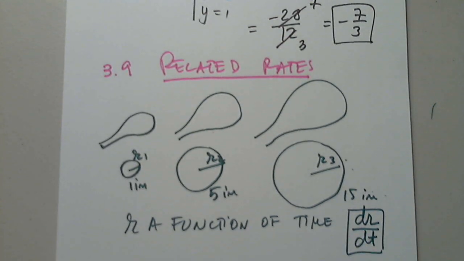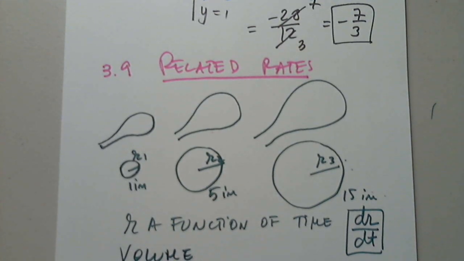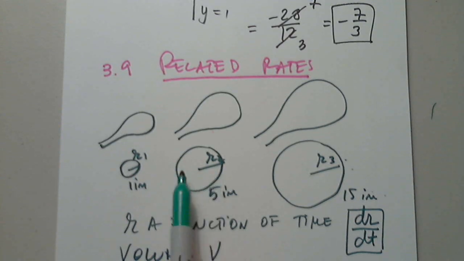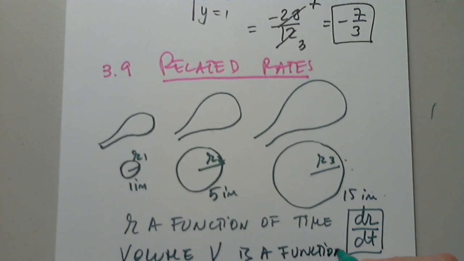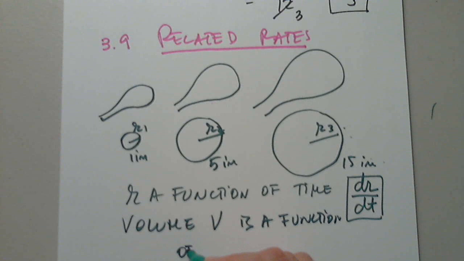What else happens here? Volume. V. It has a small volume and then bigger volume and bigger volume. And volume V is a function of time t too, because it changes in time. What will be the rate of change?